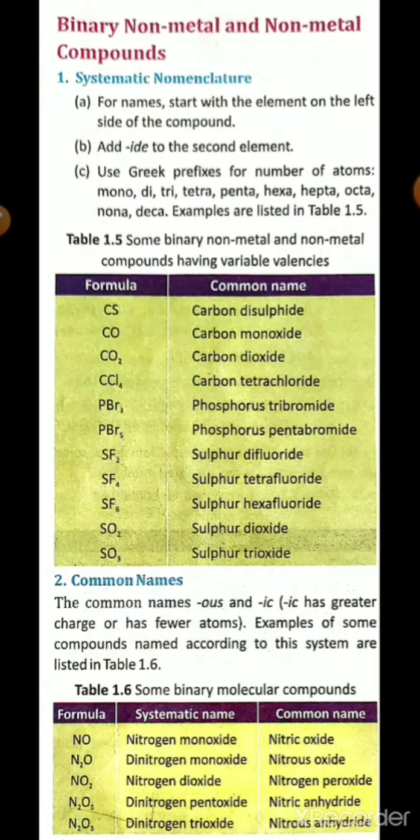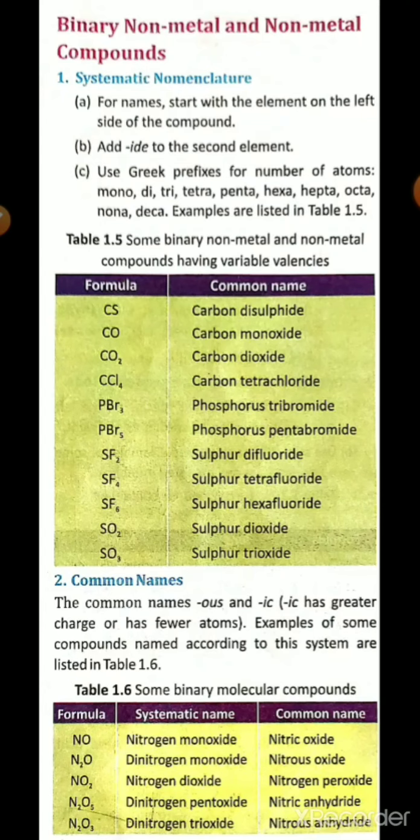In the previous videos, we understood that elements that lose electrons, between 1 to 3, are called metals, and the elements which gain electrons, between 5 to 7, are called non-metals, and those elements having 4 valencies are called metalloids.